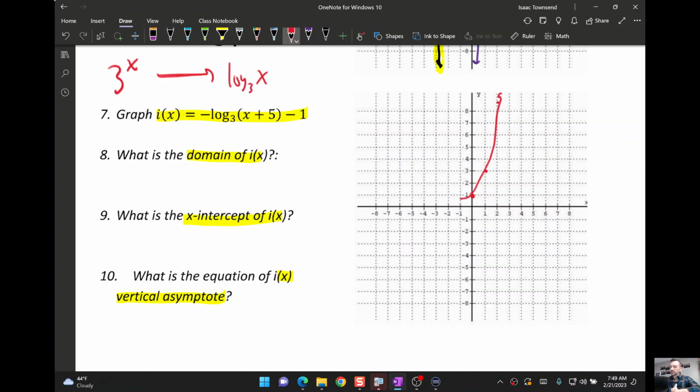This is exponential growth. Then I would take some of those points that I was sure about, switch x and y to get its inverse, which would be log base 3 of x.